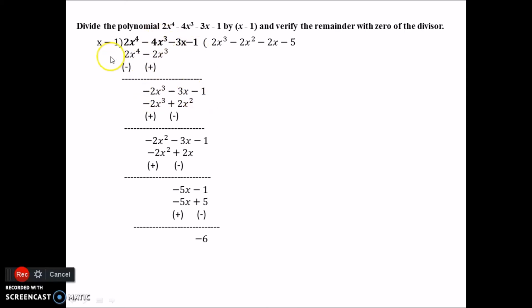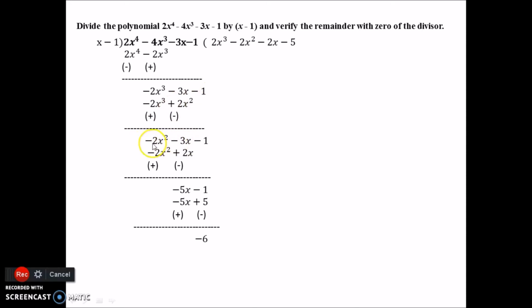Now multiplying x with minus 2x^2, I get minus 2x^3, and minus 1 into minus 2x^2 gives plus 2x^2. Again subtracting, minus 2x^3 plus 2x^3 is 0, and we have minus 3x and minus 2x^2, and the remaining is minus 1.